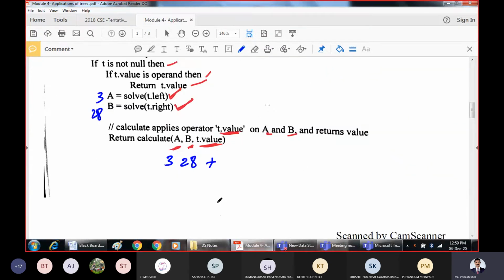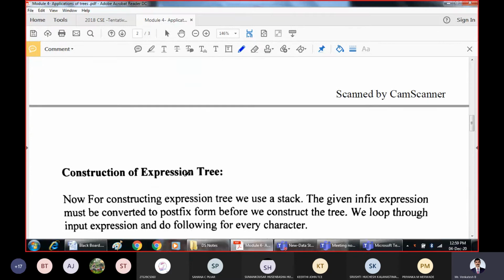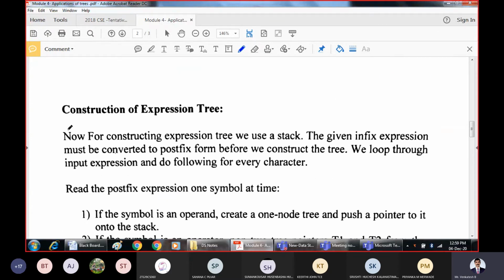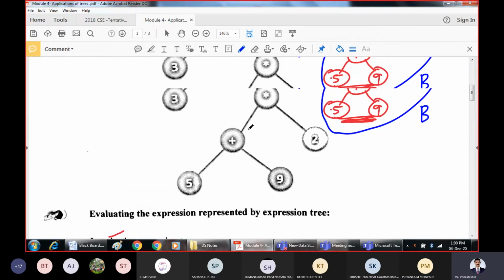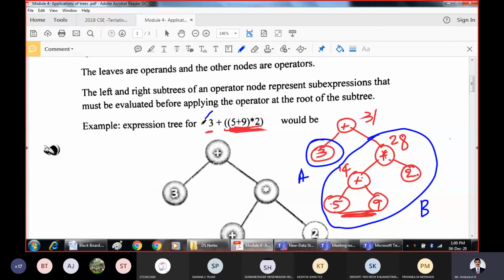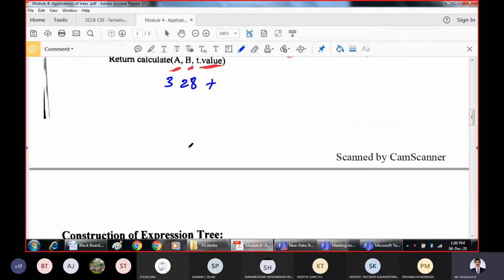So this is a simple procedure, but things will become clearer when we learn the concept of the expression tree, because given a mathematical expression, you should be able to write and construct the expression tree. By looking at smaller trees it is very easy, but when the expression is very large, we should follow the procedure.